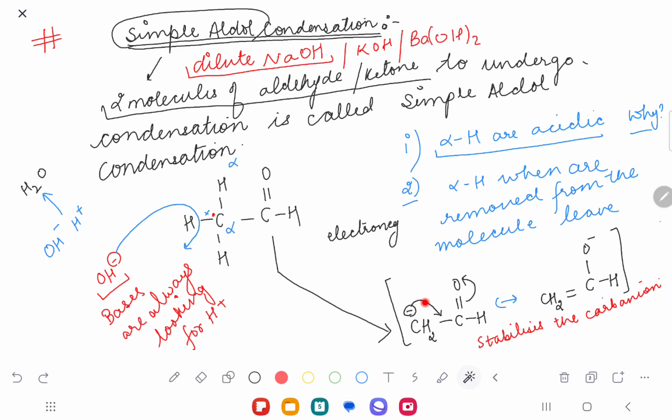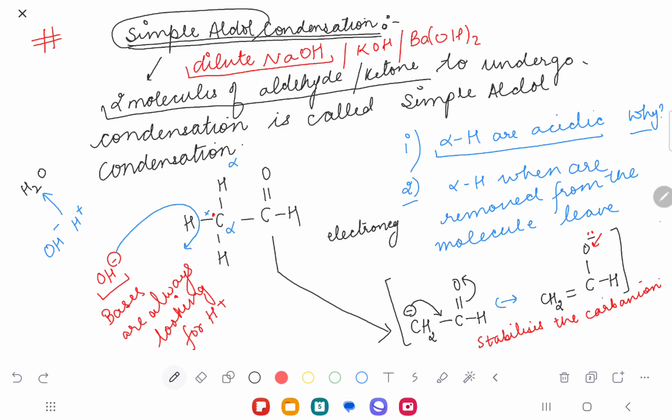So this negative charge would stabilize itself. And you understand that O is highly electronegative. So this negative charge is going to be held very tightly, because this negative charge is nothing but just a pair of two electrons, and these electrons are held tightly by oxygen because oxygen is highly electronegative. So the nature of oxygen is to hold the electrons, to not give, but to keep electrons towards itself.